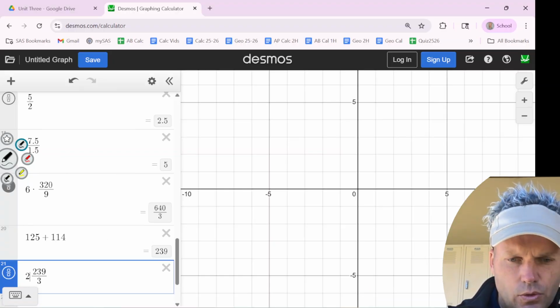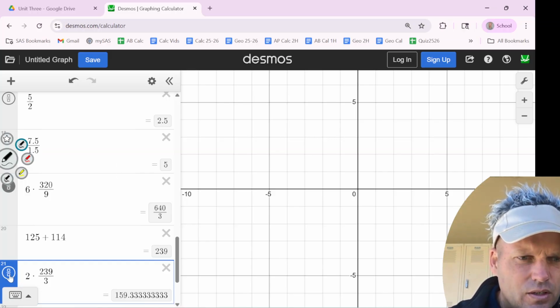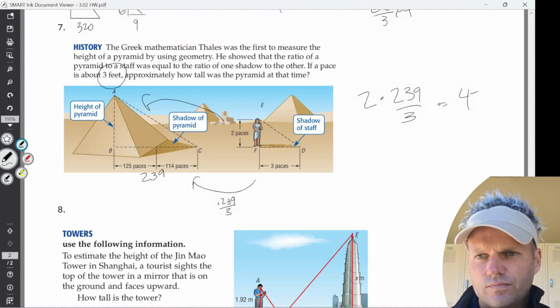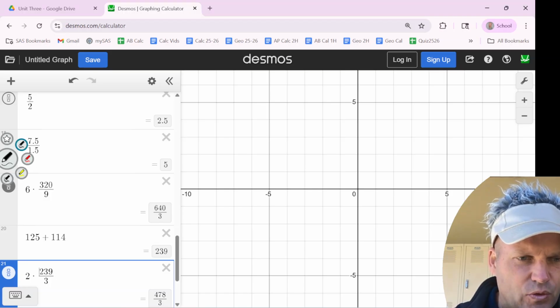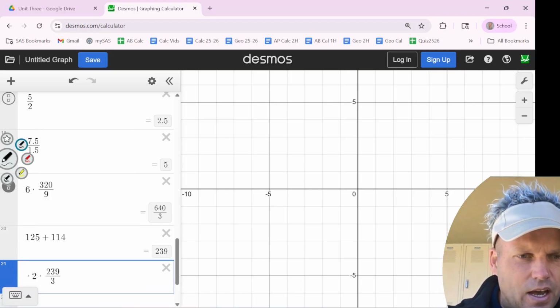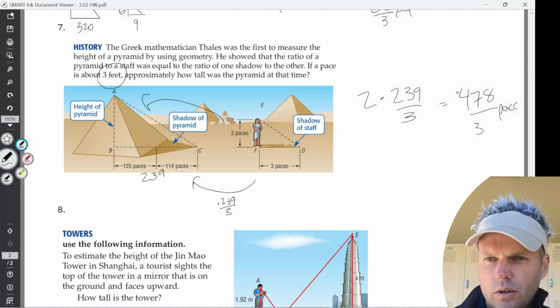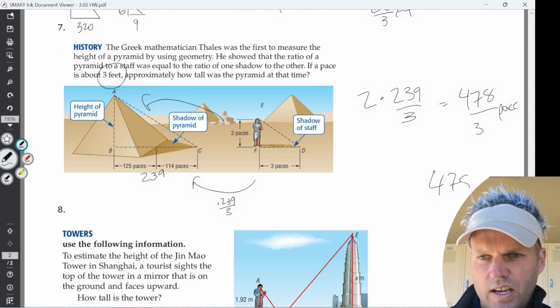And I get 159 and a third, or 478 thirds paces. But I need to turn that into feet. I'm going to multiply this by 3. Multiply a third by 3 and you just get 1, so 478 thirds paces times 3 will give me 478 feet.